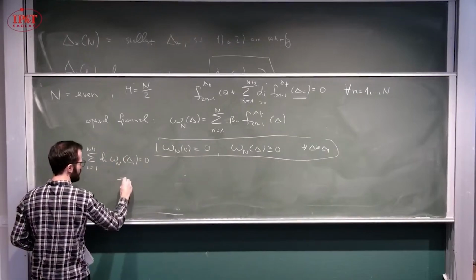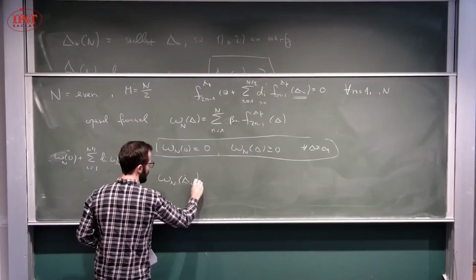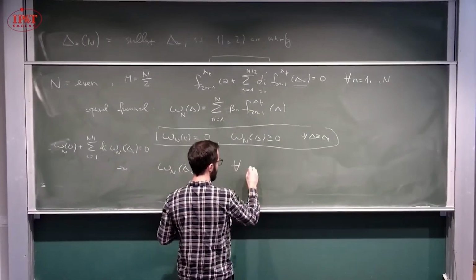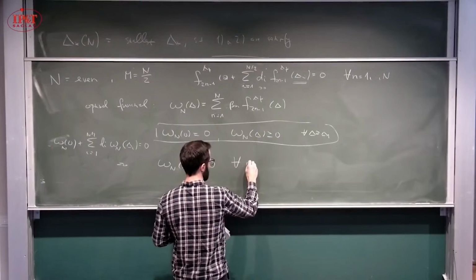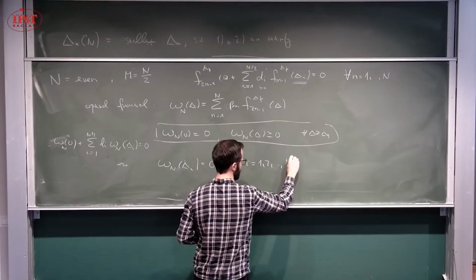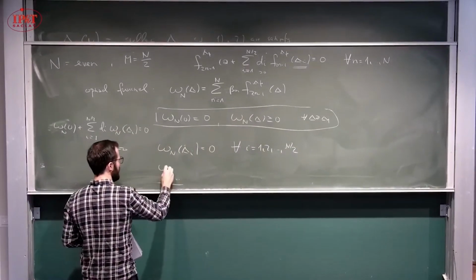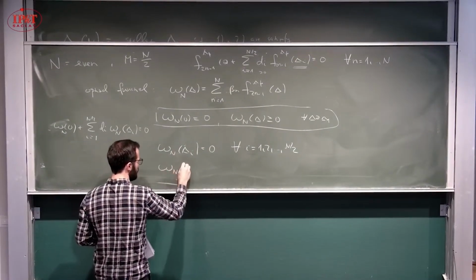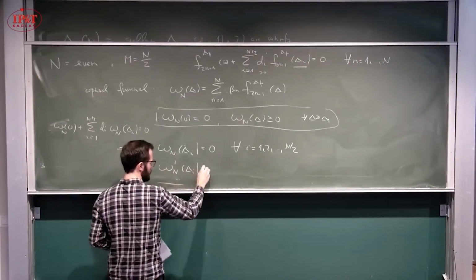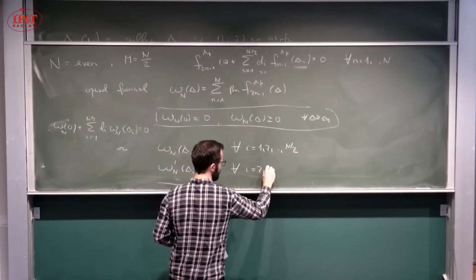it follows that omega delta i vanishes for all i appearing in that solution. But in fact, assuming it's a smooth function, also its first derivative has to vanish for all i starting at 2.